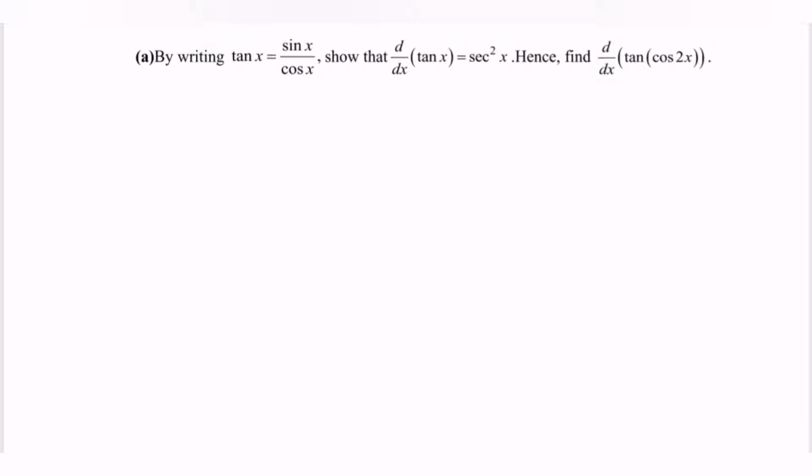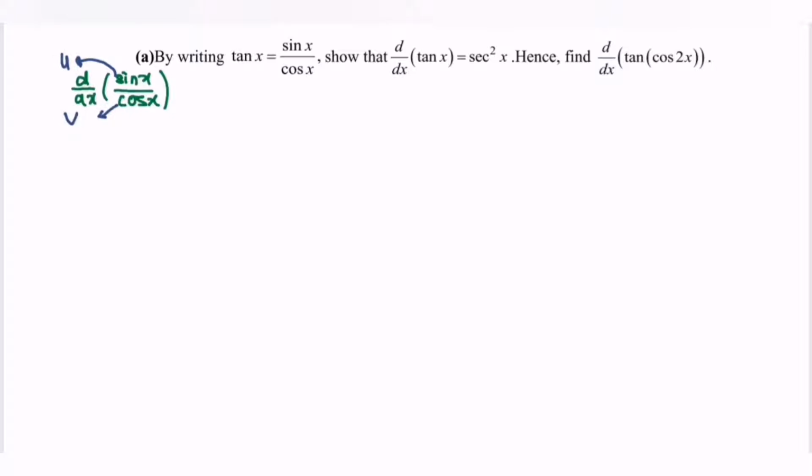So first, differentiate tangent x, where tangent x is equals to sine x over cos x. Let us represent sine x as u and cos x as v.